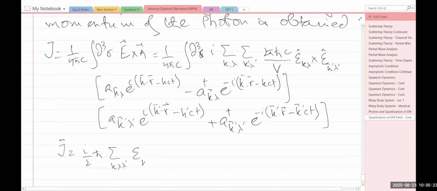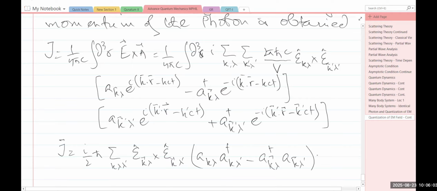So we have epsilon k lambda cross epsilon k lambda prime times the remaining factor a k lambda, a k lambda prime dagger minus a k lambda dagger and a k lambda prime.